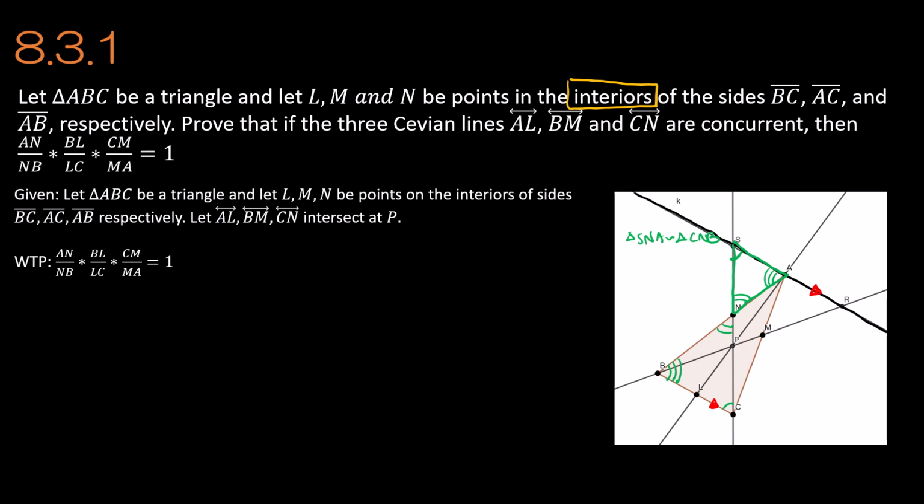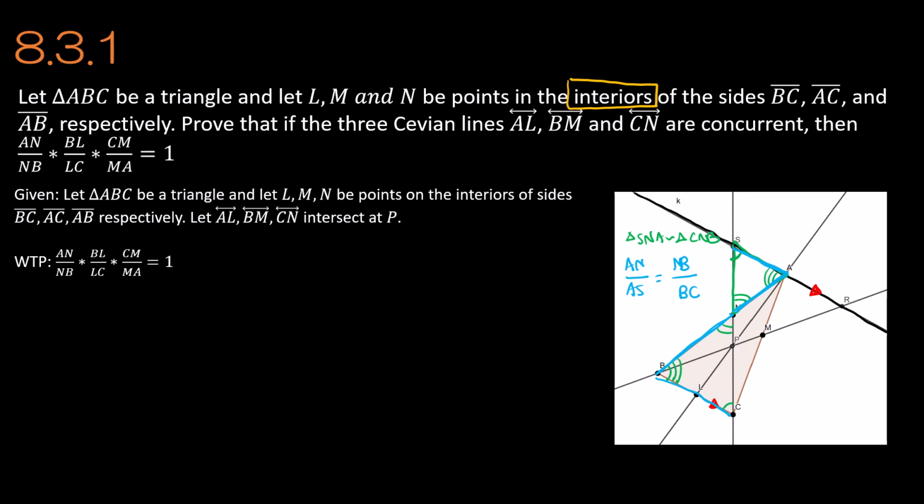So I'm going to say that AN, which is this line right here, divided by AS, which is this line right here, is going to be an equal ratio to NB over BC. Now I'm going to continue to do that same process. I'm going to have congruent angles, vertical angles, and so forth.